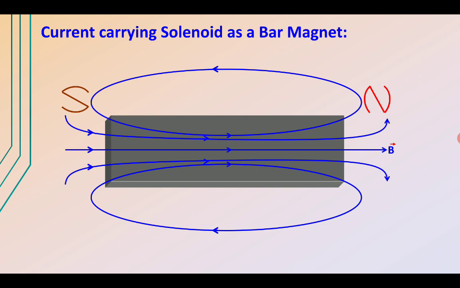Now, after discussing the solenoid, let us discuss some terms related to the bar magnet. Here we have a bar magnet, and this is a point P at the north pole, and again we consider a point at the south pole.